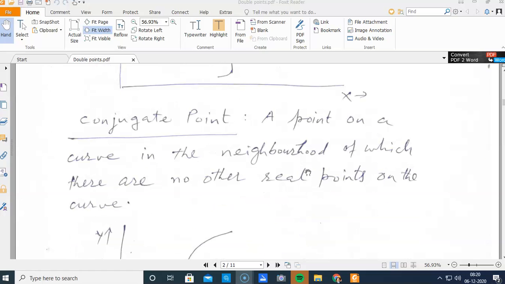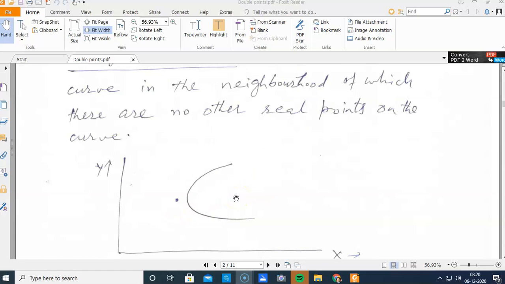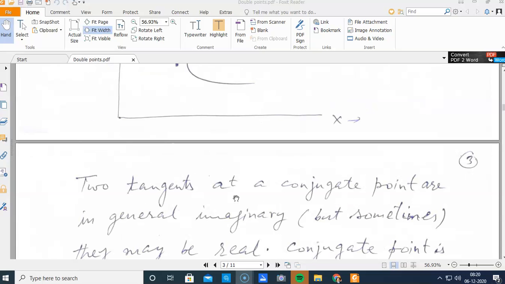And now coming to the conjugate point. A point on the curve in the neighborhood of which there are no other real points on the curve is known as an isolated or conjugate point.